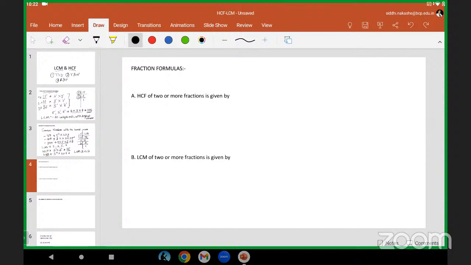For HCF, the formula is HCF of numerators upon LCM of denominators.